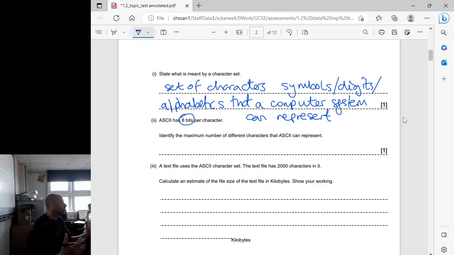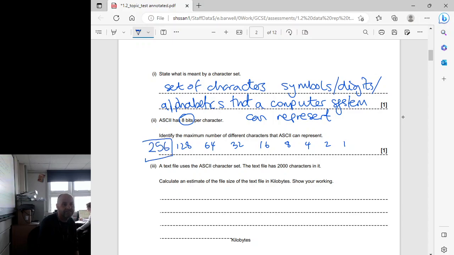How many things can you represent with so many bits? I'm going to write down 8 column headings: 1, 2, 4, 8, 16, 32, 64. That's 8 column headings. If I go one more, I get my answer: 2, 5, 6. That's how I do it.